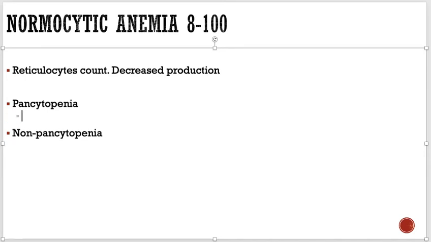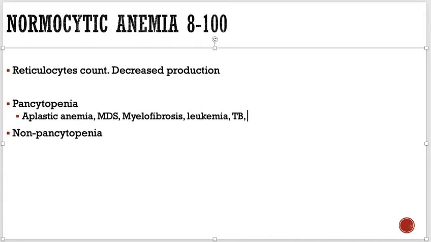So what are the causes of pancytopenia? The most important one is aplastic anemia. This is the most common, most important one which we are going to cover. Then there can be myelodysplastic syndrome, then myelofibrosis. Then it can be leukemias, or due to TB.